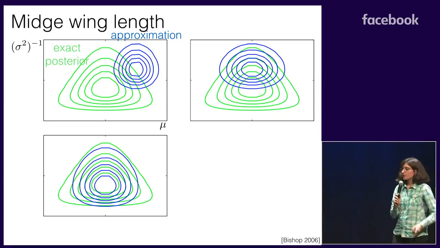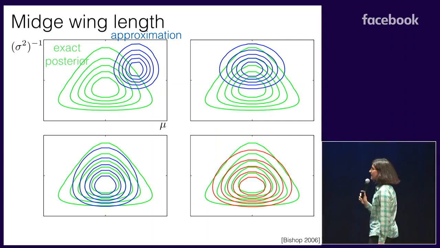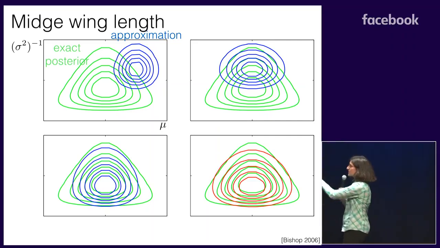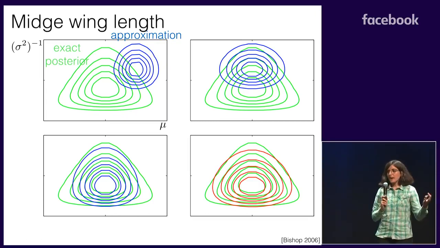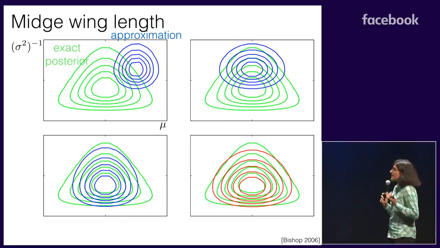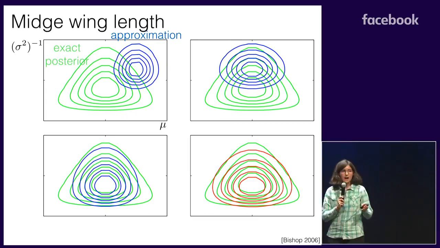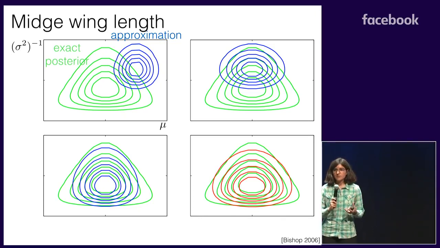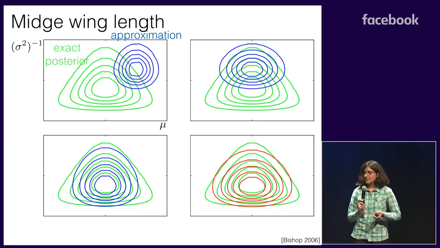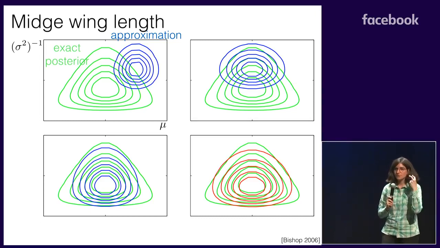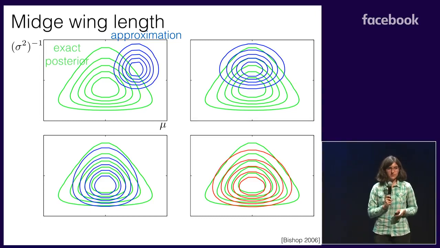Now we can iterate back and forth, and eventually we get our full mean field variational Bayes approximation to the exact posterior that's in red. Now in this case we happen to do coordinate descent, but I think what this illustrates in general is that if we're using any optimization procedure, what's happening is we're changing our approximating distribution, hopefully to look more and more like our exact distribution. And that sort of visualization is very general.